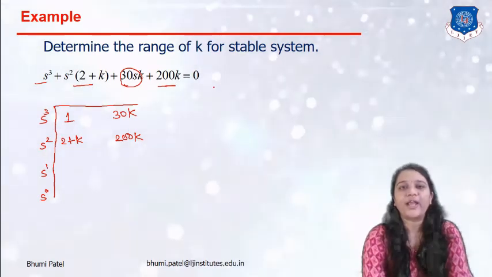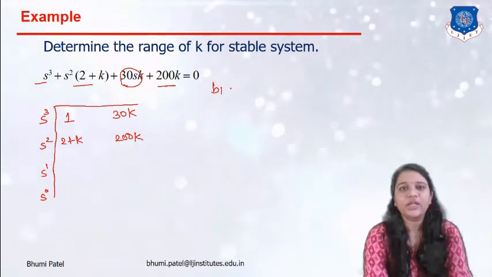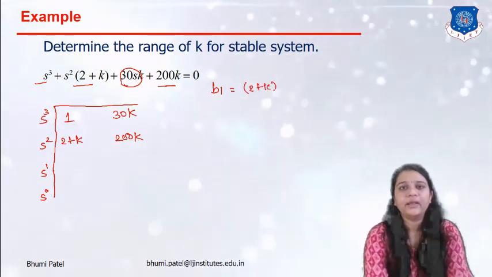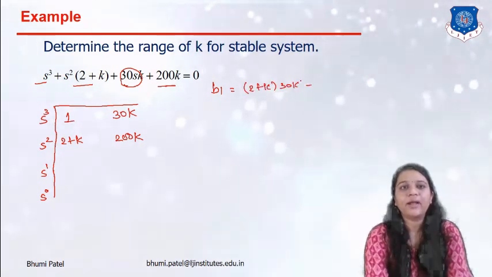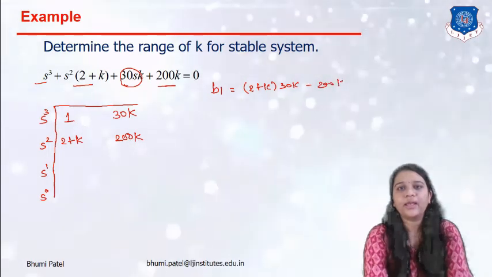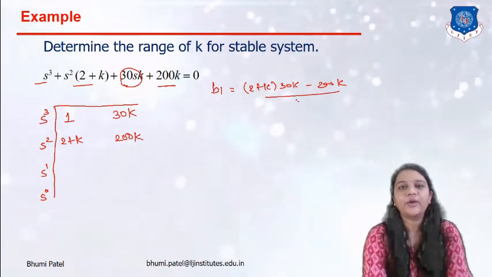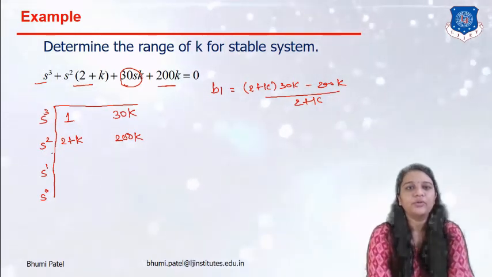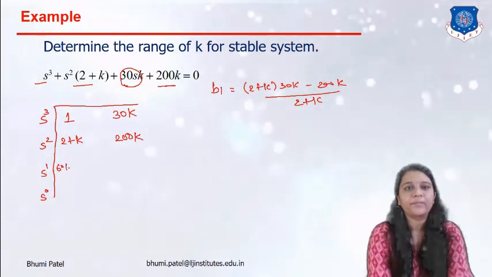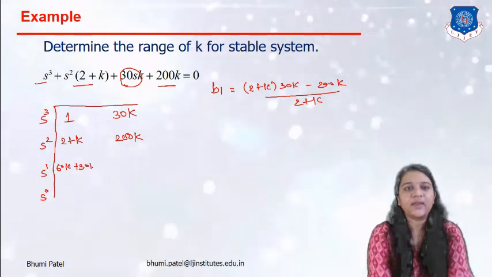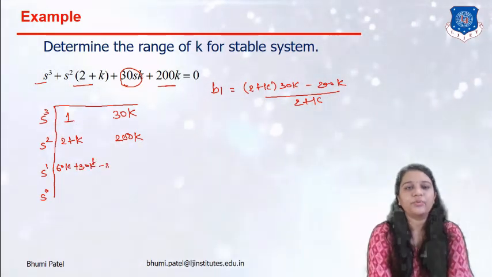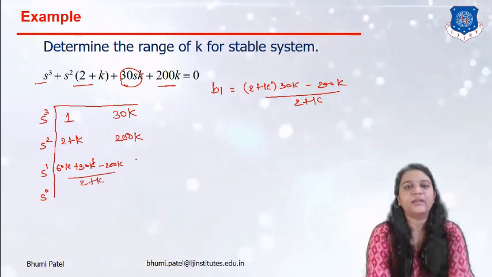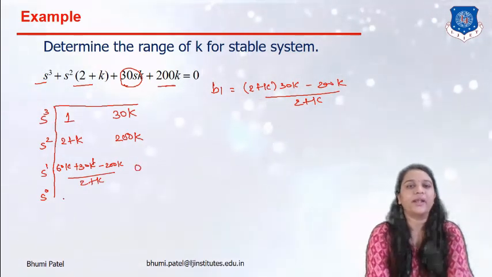Now we have to find the value of b1. So the equation of b1 is ((2 plus k) into 30k minus 200k) divided by (2 plus k). So we can get b1 is equal to (60k plus 30k square minus 200k) upon (2 plus k), and the value of b2 is automatically 0.